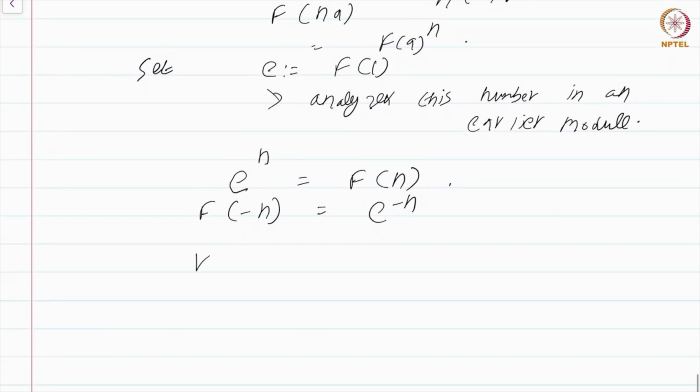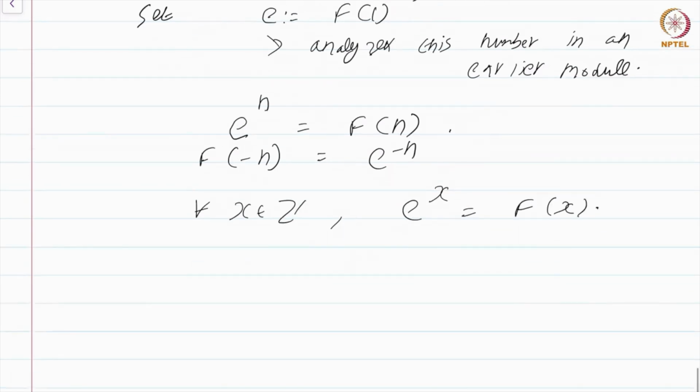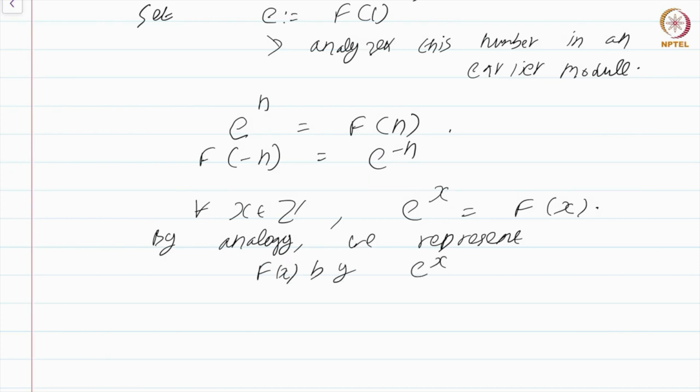So at least for all x in Z, we have e power x is equal to f of x. So by analogy, we represent f of x by e power x.